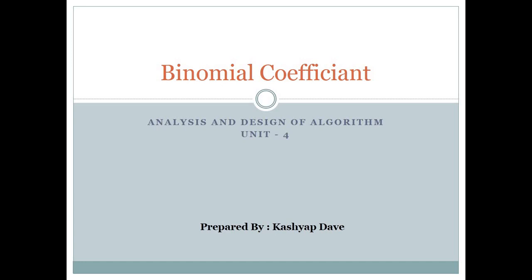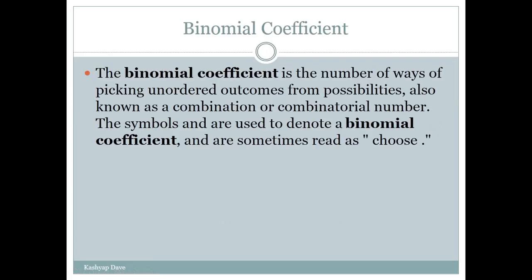So first of all, let's understand what is binomial coefficient. Binomial coefficient is the number of ways of picking unordered outcomes from possibilities, also known as a combination or combinatorial number.